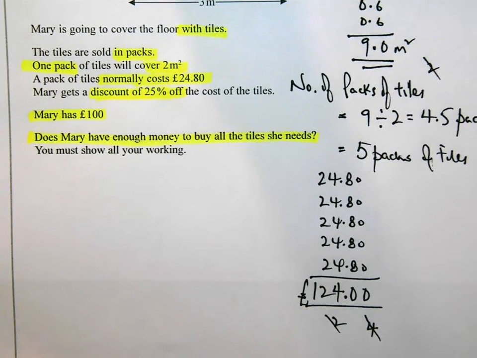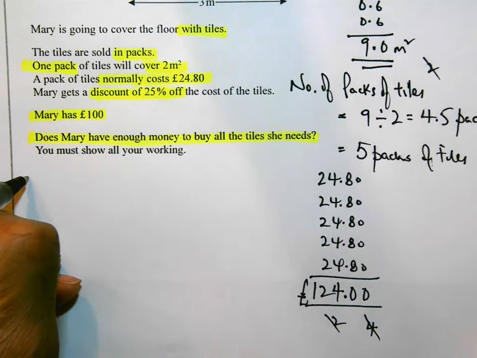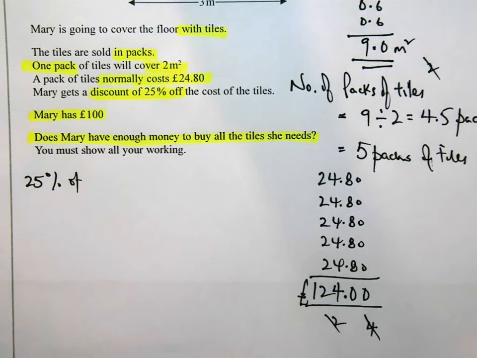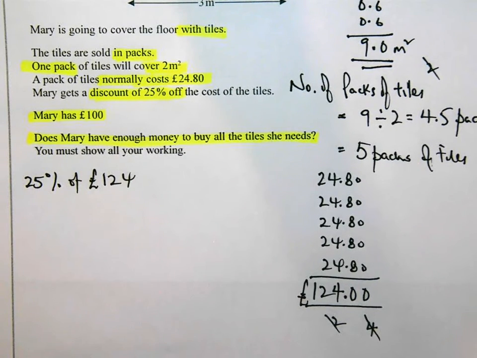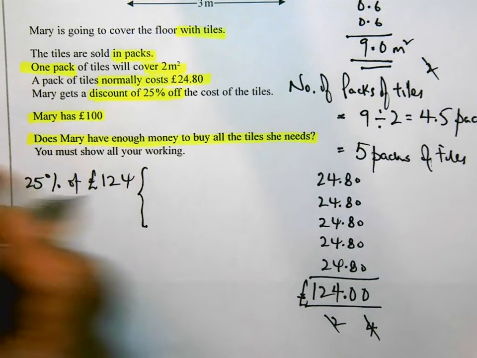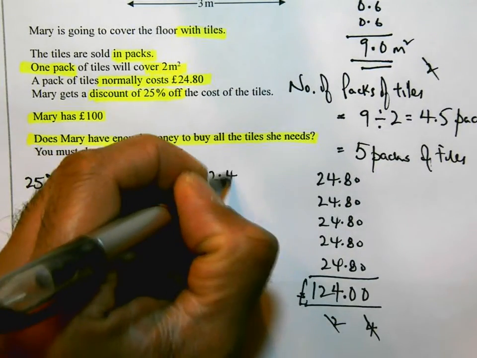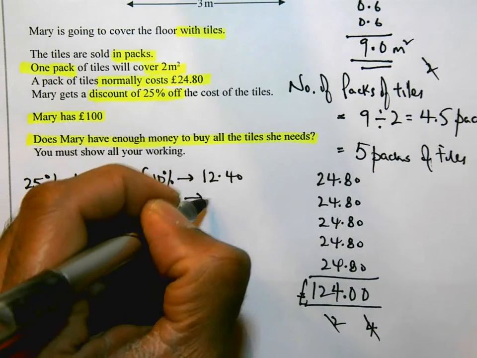I need to work out the fact that she's going to get a discount. So 25% discount she's going to get, and I need to find 25% of £124. That's the cost of the tiles. Now, this is a non-calculator paper, so I'm going to use my non-calculator techniques to work out 25%. 10% is going to be £12.40. 20% is going to be double that, which is £24.80.